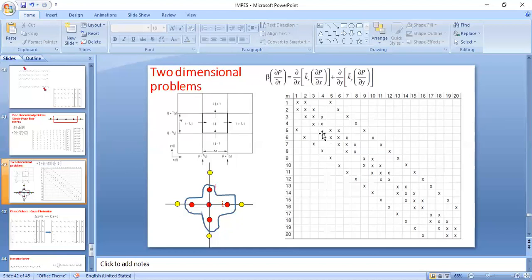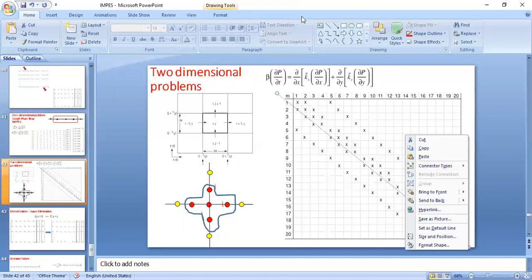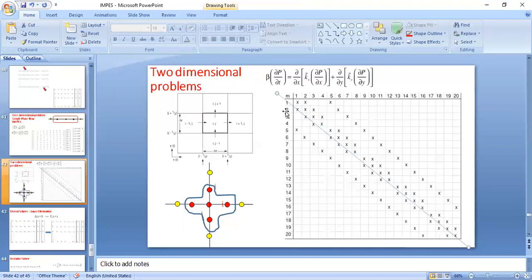During the forward sweep, you make all the lower diagonal entries zero. So any entries below the line drawn are made zero.